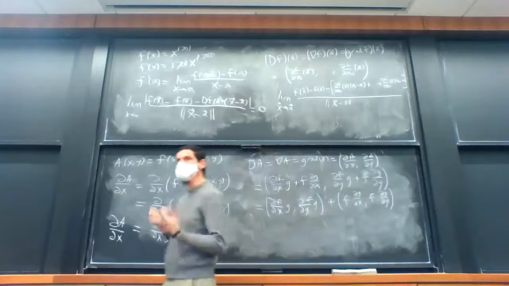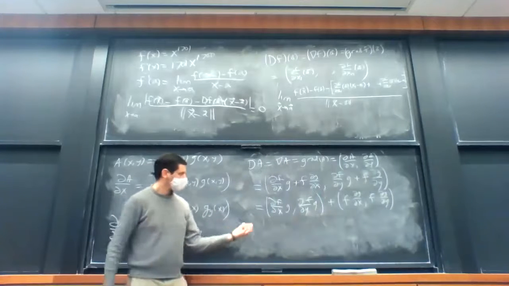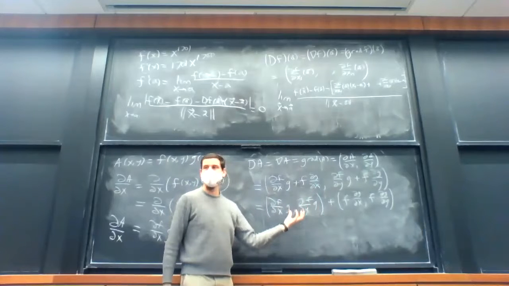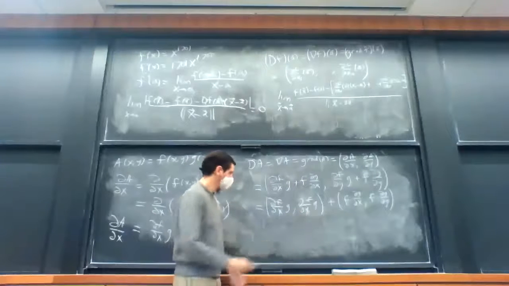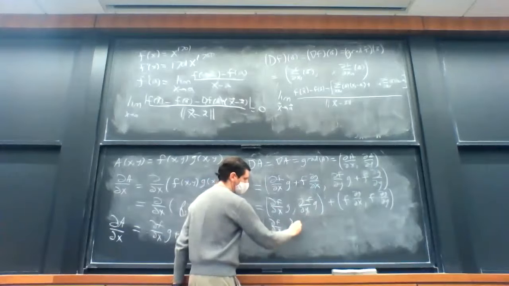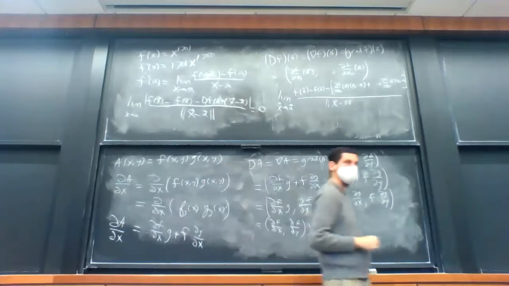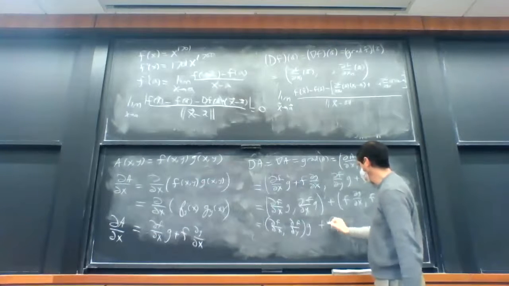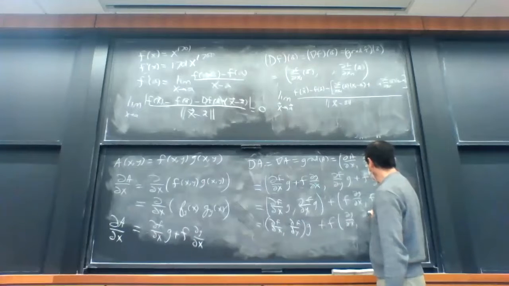Both of these have a g in them. What can I do? Take it out. Is g a constant? Is g a vector? Is g a matrix? What is g? This is just g of x, y. This is just a number. So this is going to just be df dx, df dy times g. And the second one is going to just be f times dg dx, dg dy.